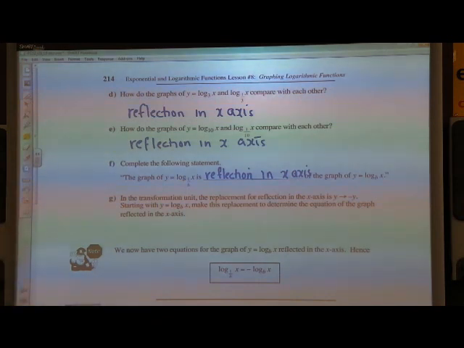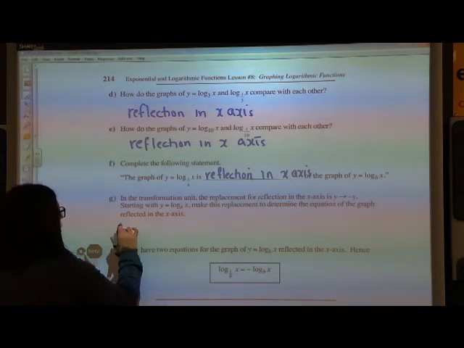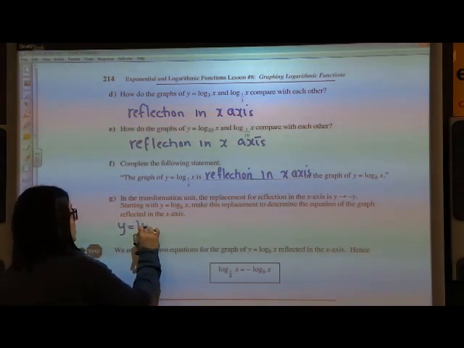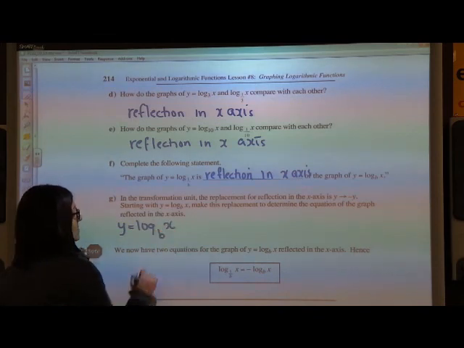In the transformation unit, the replacement for the reflection in the x-axis was replacing y with a negative y. So we're going to use this idea of a replacement to determine the equation of the graph reflected in the x-axis. I have y equals log base b of x.